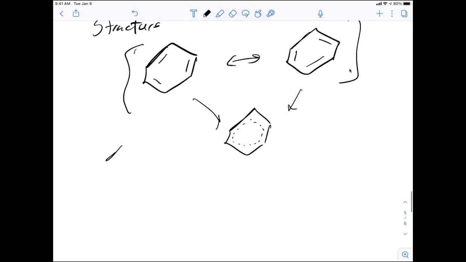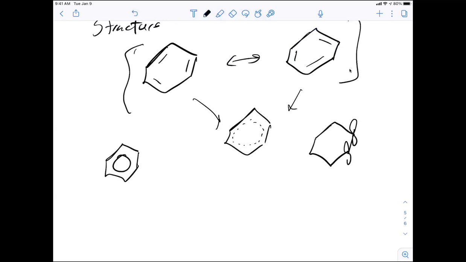And so sometimes, especially in older textbooks, you'll see benzene drawn this way. So it's not like we have 3 double bonds and then a resonance structure with 3 favorable bonds, right? These are all the same. So therefore the distances between all of these are the same. So it's not behaving like 3 double bonds. It's not behaving like a triene.